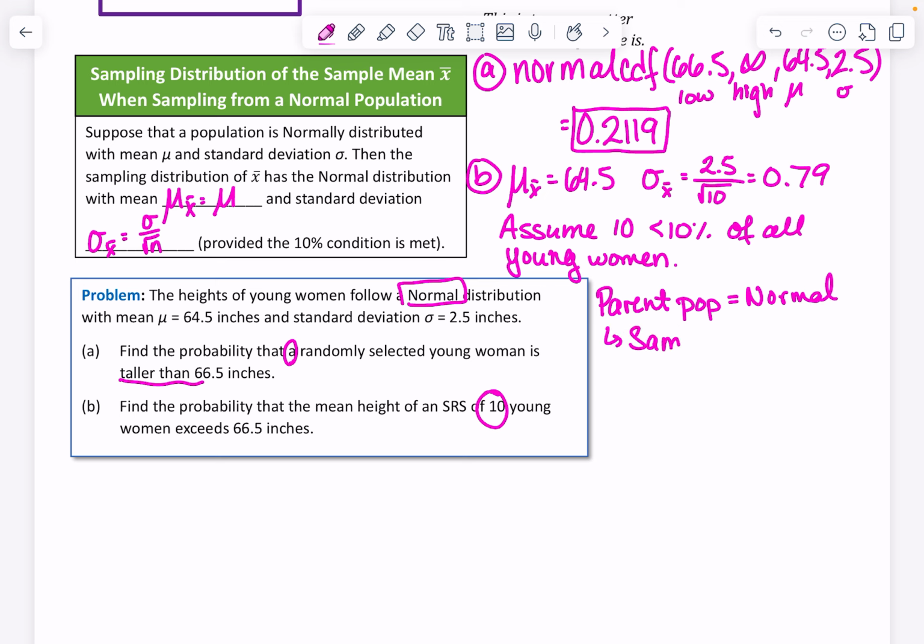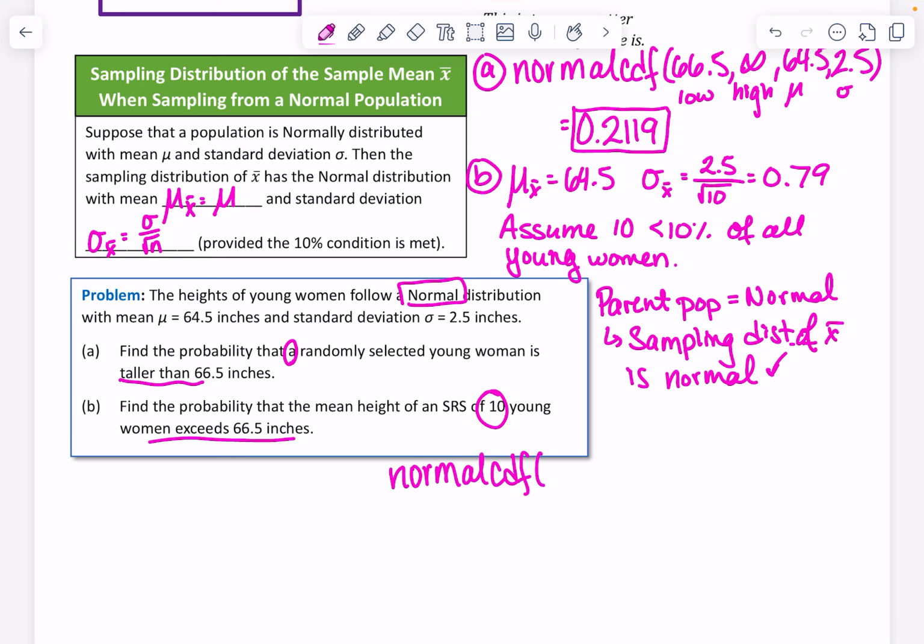So our sampling distribution of x bar is normal. Like, that's it. The parent population is normal, so is our sampling distribution. Okay. So we go ahead and we do normal CDF.